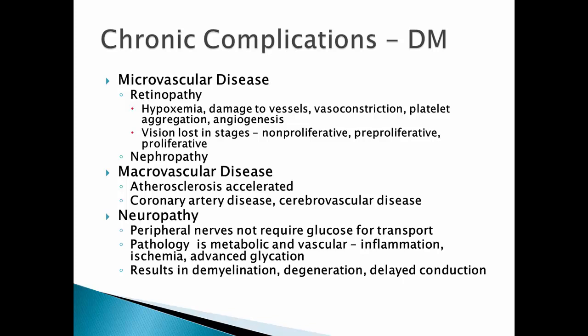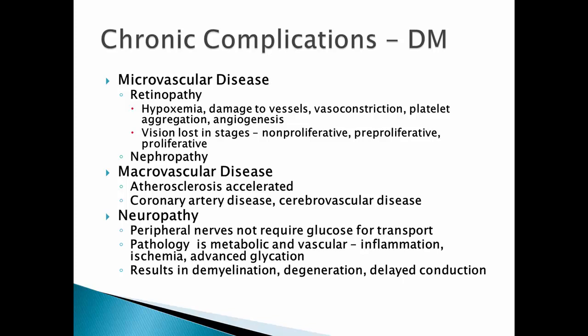With this microvascular disease, and remember you've got that protein kinase C and the glycation end products, these lead to hypoxemia and damage to those very, very small vessels of the retina. This leads to vasoconstriction, platelet aggregation, and angiogenesis.